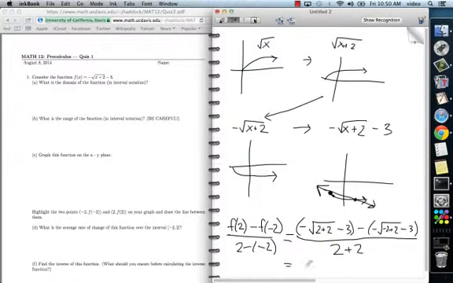Doing a little bit more simplification, we get negative the square root of 4, which is -2, minus 3, which is -5. Now this is negative the square root of 0, which is 0. So we just have -3 here. So minus a -3, we get a plus 3, over 4, which is -2 over 4, or -1/2. So the slope of the line between those 2 points is -1/2.